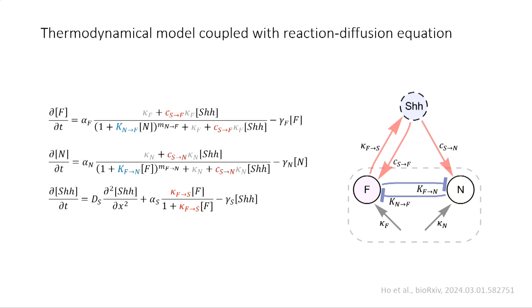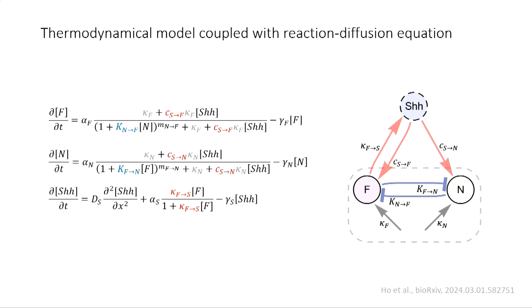So again, we propose a model with thermodynamical description for the expression of floor plate and NKX, and then this is basically a diffusion equation, where you could notice the diffusion term, degradation term, and production term. My postdoc, Richard Ho, came to my group from a turbulence group, so he was very good in fluid dynamics.